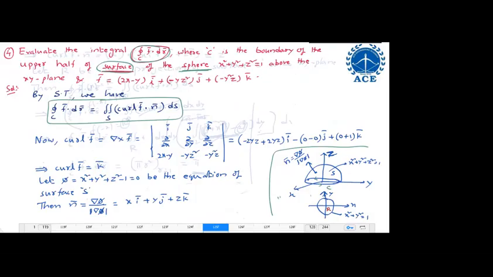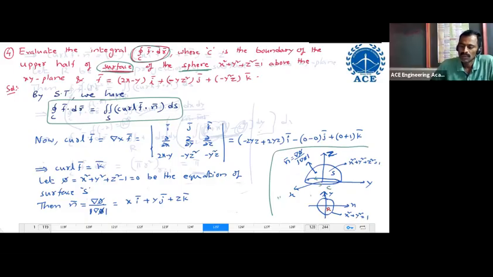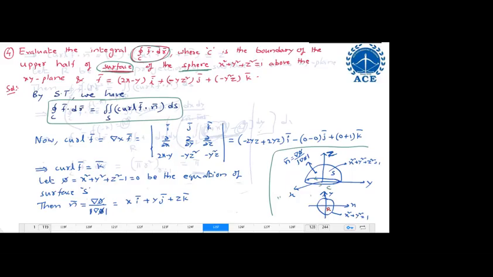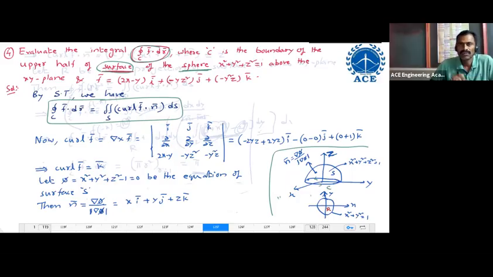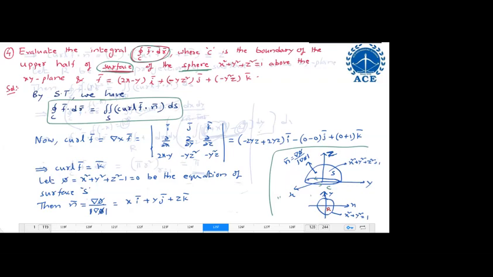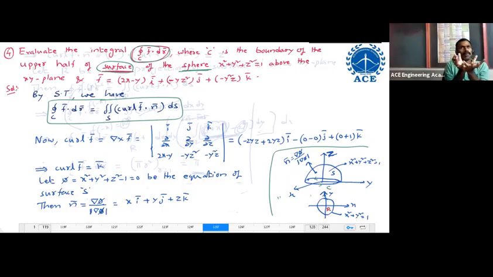Sir, actually, if they give sphere, does it mean hollow or solid sphere, sir? Divergence is for a hollow sphere only, sir. Not like that. Here, first of all, sphere means only this surface. We are talking about surface. We are taking the surface of sphere means only the top surface, the upper portion of that object.